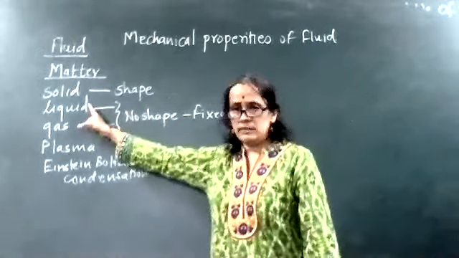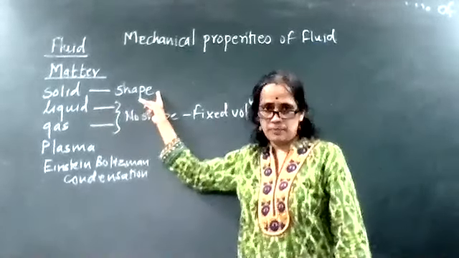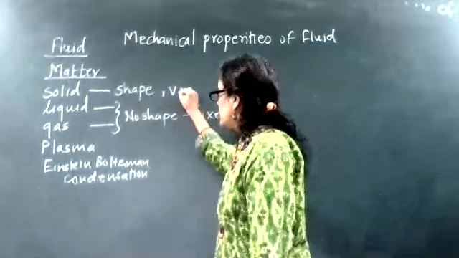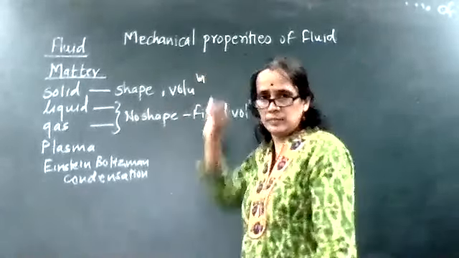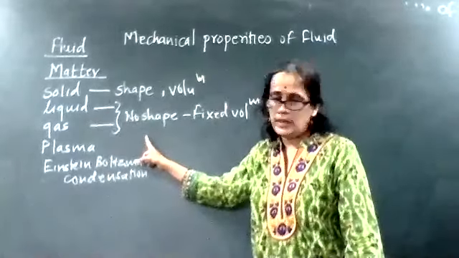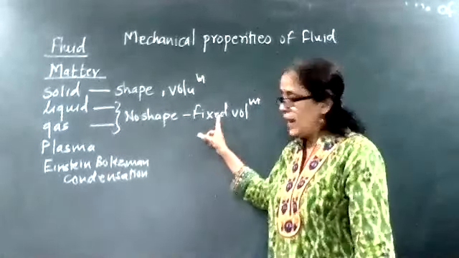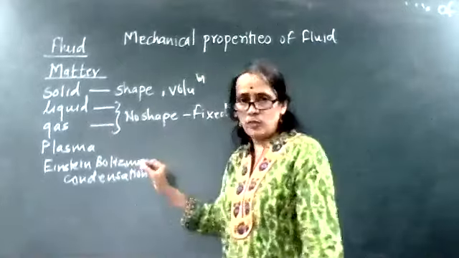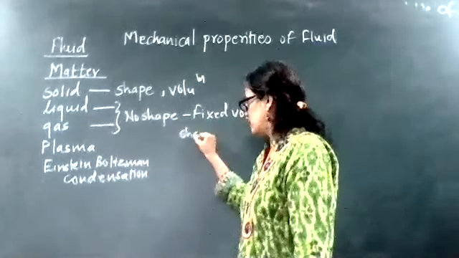And a solid has a definite shape. It also has a definite volume. But liquid and gas don't have a shape. They have a fixed volume, and liquid and gas will take the shape of the container.